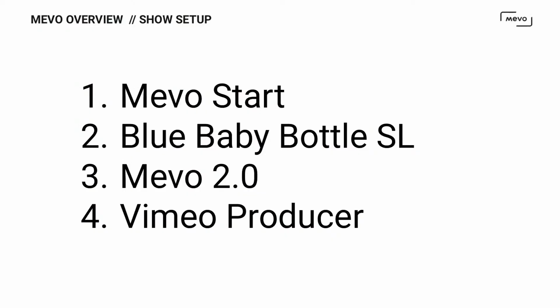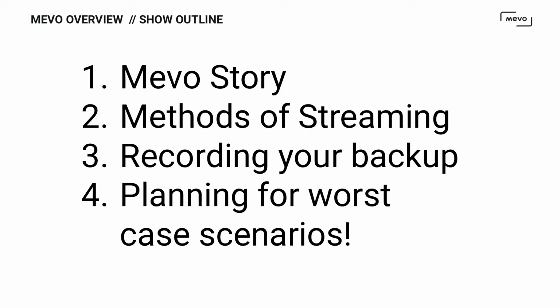So as you can see here, as I mentioned, I'm using a Mevo Start, a Blue Baby Bottle SL from Blue Microphone, and the Mevo 2.0 app and Vimeo Producer, which is allowing me to use graphical overlays. And you will be able to see the things that we're going to talk about. We're going to talk about the Mevo story, why Mevo was created. We're going to talk about the methods of streaming, which are RTMP and API.